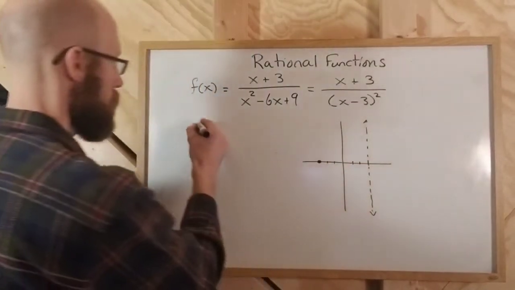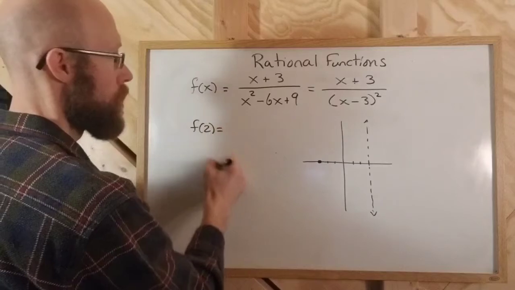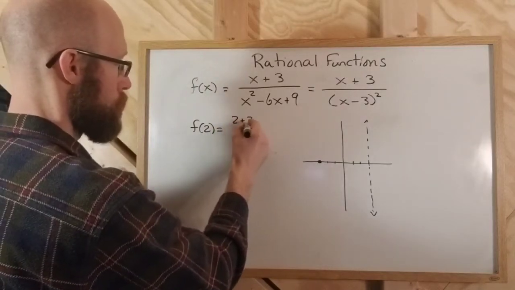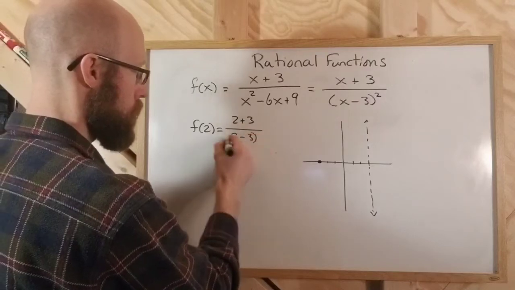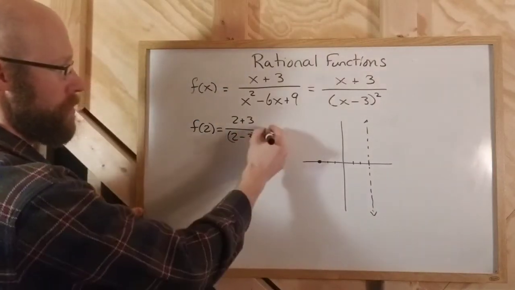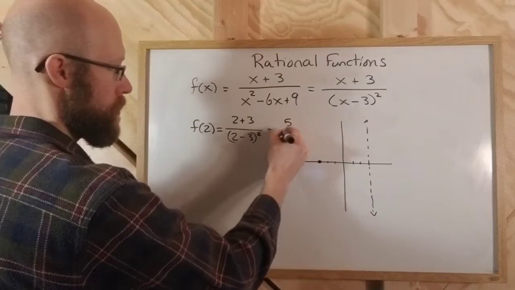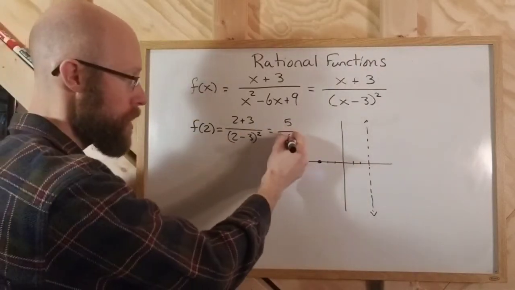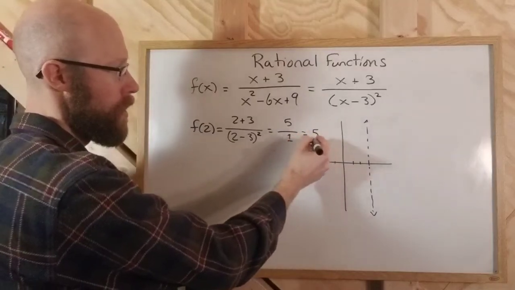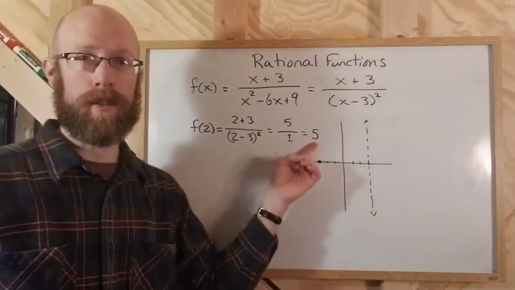If I do that, just find f of 2. Then on top I get 2 plus 3, and on the bottom I get 2 minus 3 squared. Well, the 2 plus 3 is 5, the 2 minus 3 is a negative 1, but when you square it, you get positive 1.